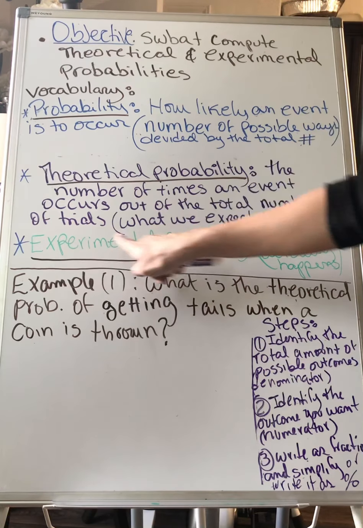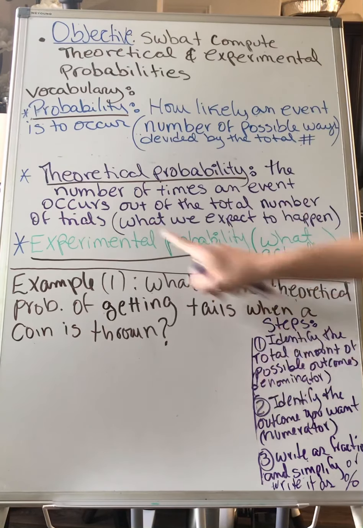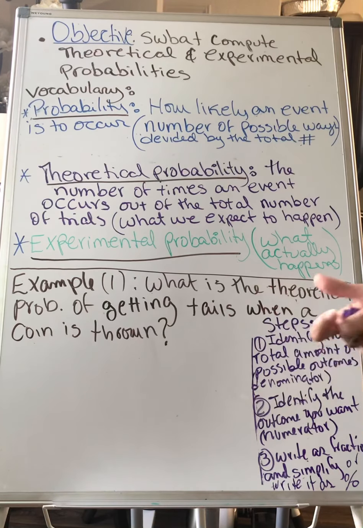Now, experimental probability is what actually happens when you do the experiment. I'm going to do a quick example to demonstrate what I mean by theoretical and experimental probabilities and how you write them down.